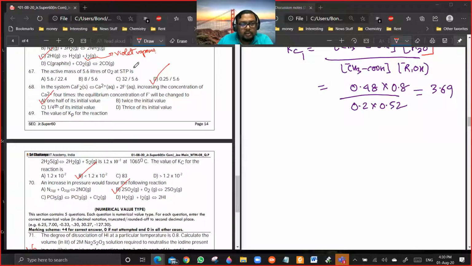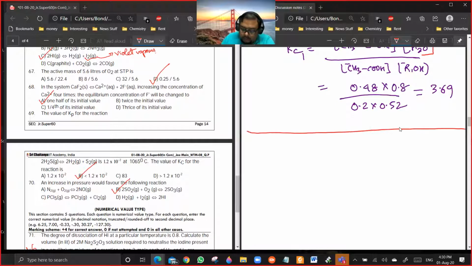CaF2 solid is giving Ca2+ aqueous plus 2F- aqueous. Let me write this question. 68. CaF2 is giving Ca2+ plus 2F- aqueous.